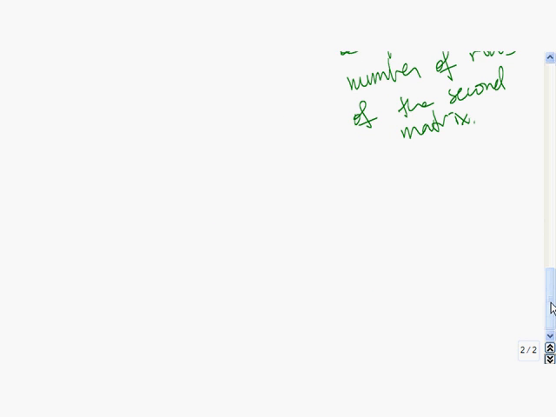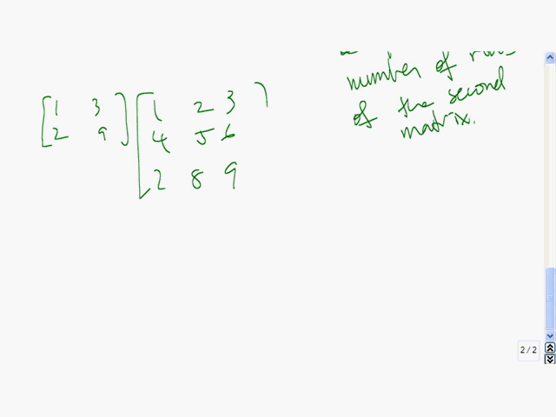Let's see why this is true. Suppose we have the matrix 1, 2, 3, 9. That has 2 columns. Now suppose we have 3 rows in our next matrix: 1, 2, 3, 4, 5, 6, 7, 8, 9. To multiply these, we take the dot product of the first row and the first column.